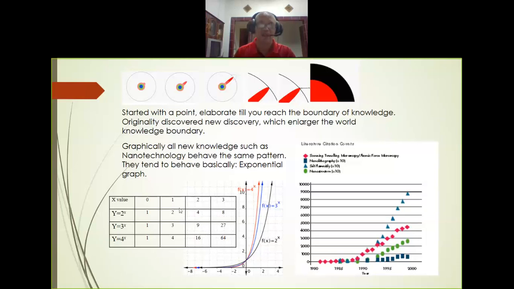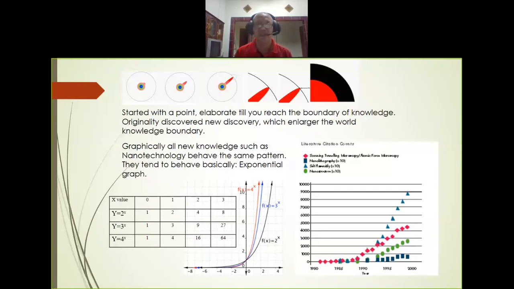So this can be used to look into things, especially where we know that we need to use the exponential graph. Starting with a point, we can elaborate until we reach the boundary of knowledge. So originality, a new discovery, enlarges the world's knowledge boundary.